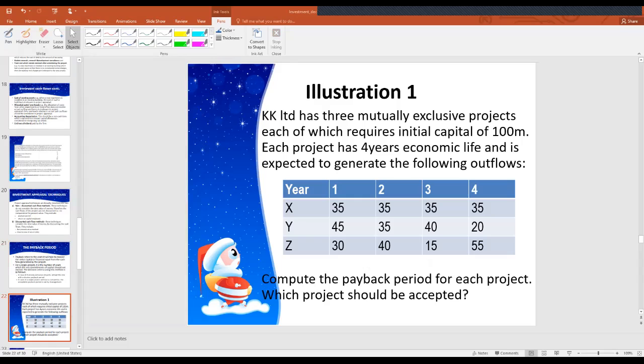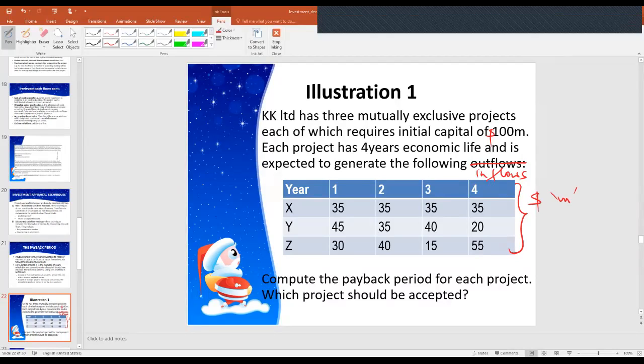Here these are our cash inflows, not outflows. They are all in millions of dollars. Take 1 minute to go through them.